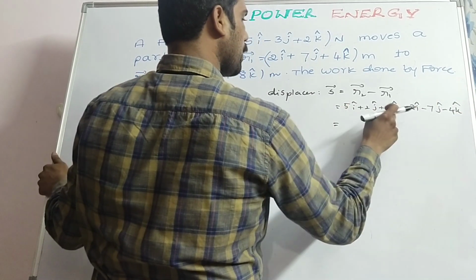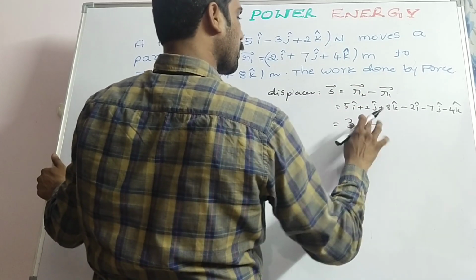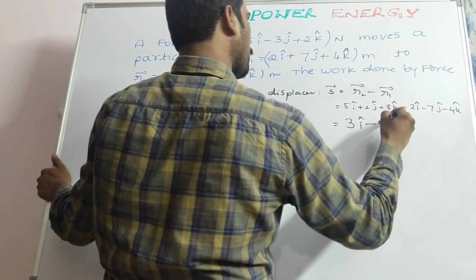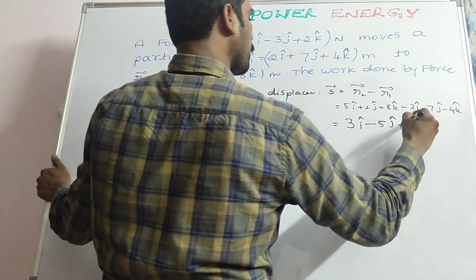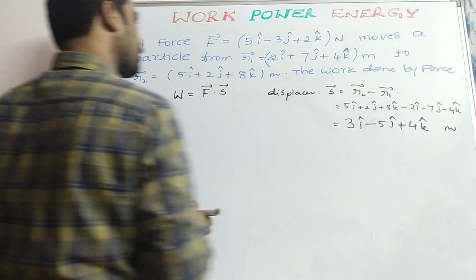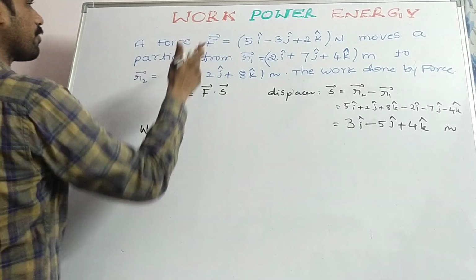That is equal to 5 minus 2, 3i cap plus 2j minus 7j, minus 5j cap plus 4k cap meter. That is the displacement.